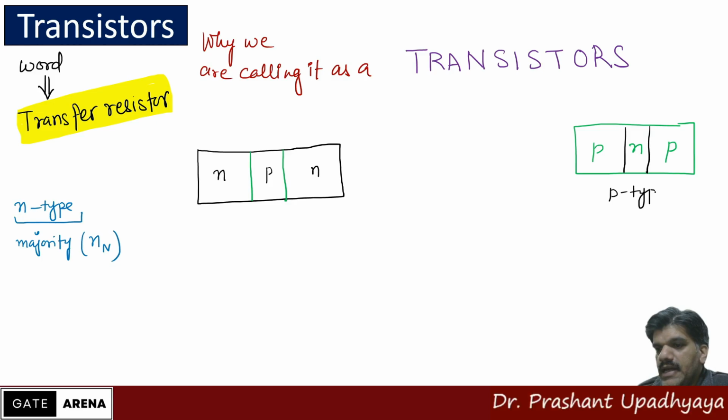In my P type, we have holes as the majority charge carrier. Let me focus on this NPN transistor right now.